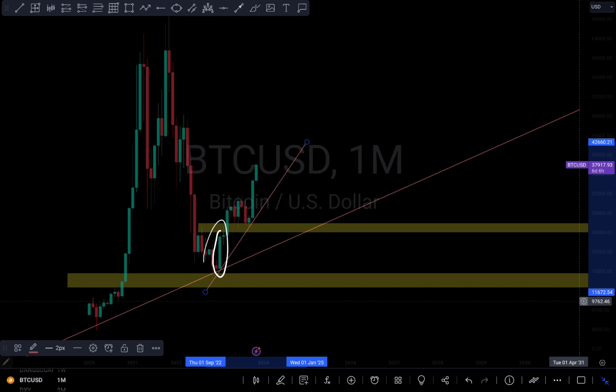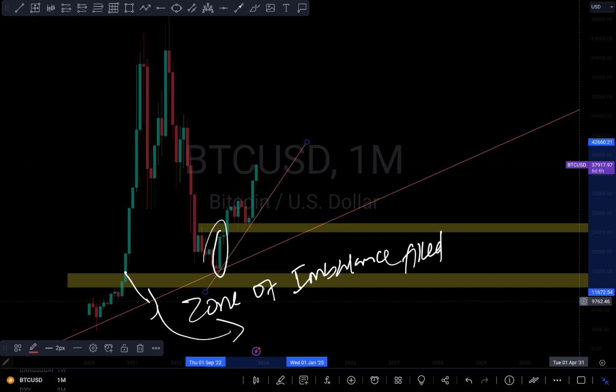The engulfing candle alone is sometimes not enough, because it's more of a risky move. Sometimes you can see the engulfing candle and the market can still just break. But like I said, my own confluence at that moment was, one, we were at a zone of imbalance, then at that zone I saw the engulfing bullish candlestick.